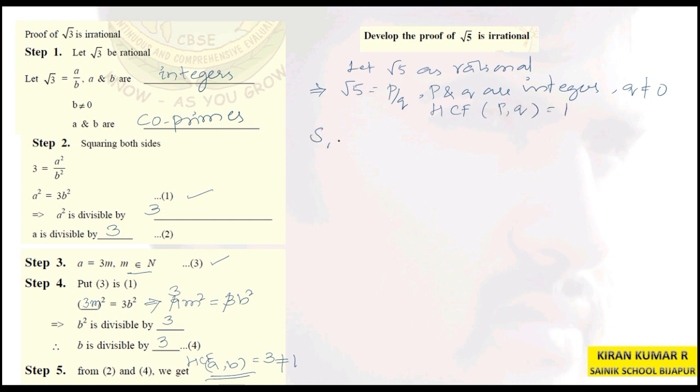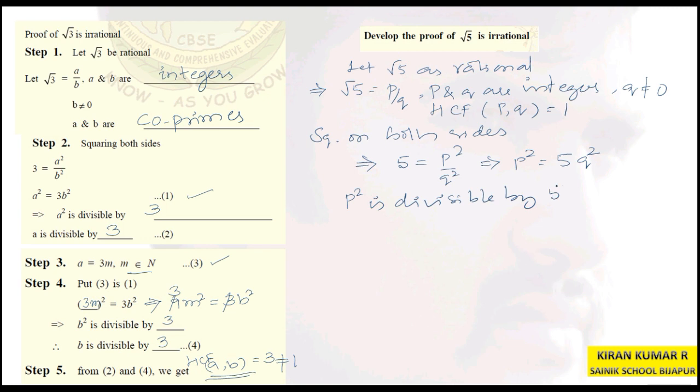Now you square on both sides. We get 5 equal to p square by q square. This implies p square is 5 times of q square. p square is divisible by 5. This implies p is divisible by 5.